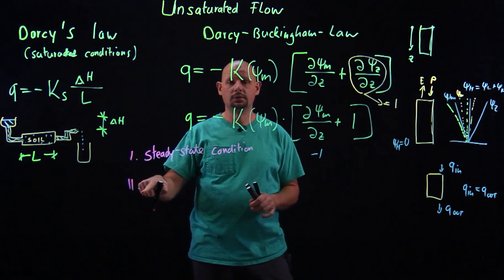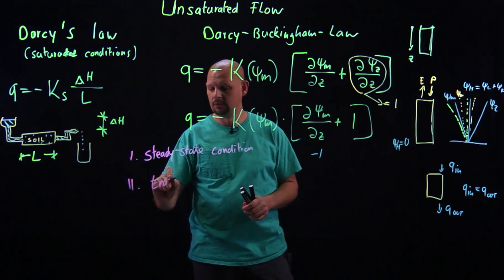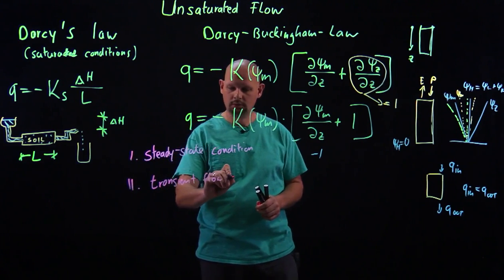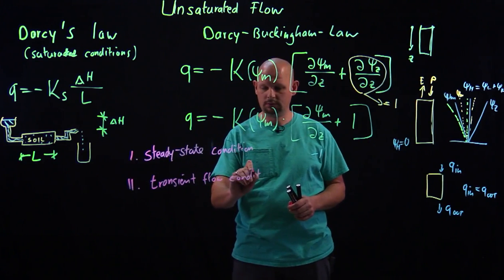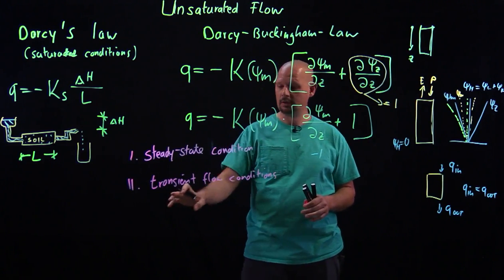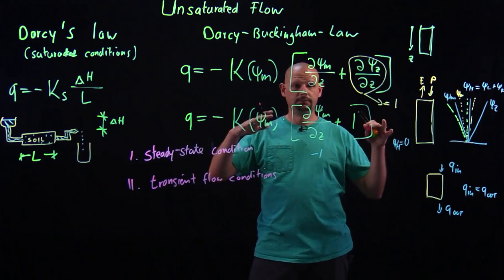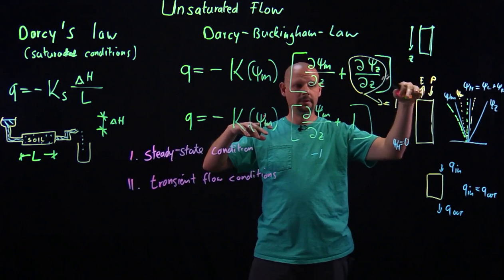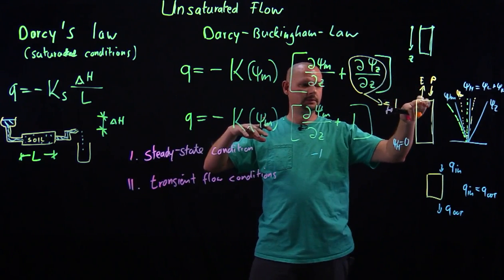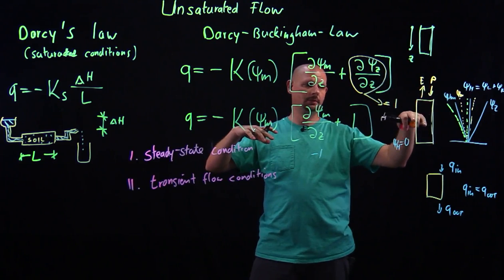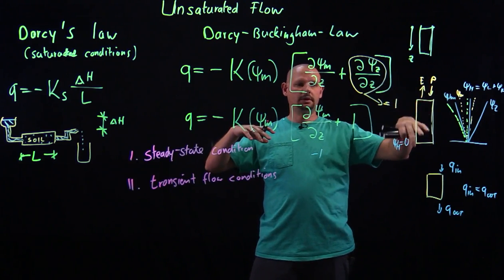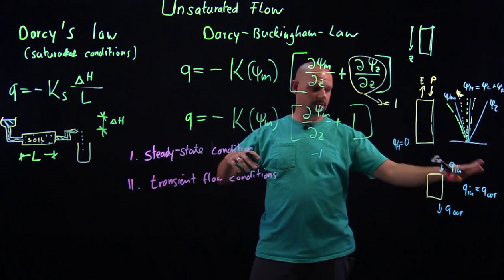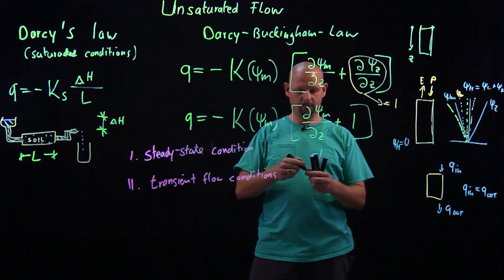In natural conditions, we usually have transient flow conditions. And that means, for example, we have rainfall, so we have a lot of input into our soil column, and then the rain stops, and the water moves downward in the soil column, and then it starts evaporating again. So we have only transient conditions, and this condition here is not applicable anymore.